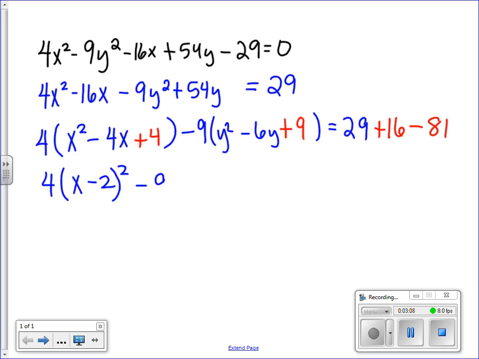This side comes down to negative 9 times y minus 3 squared equals negative what? Oh, that's going to be wonderful. Okay, let me just pause a second, let everybody get caught up. Got it?